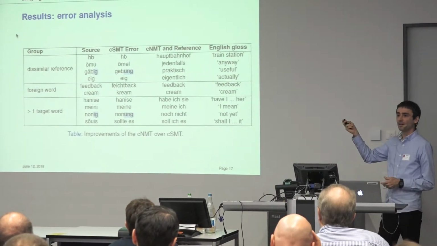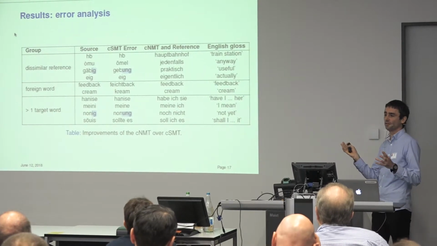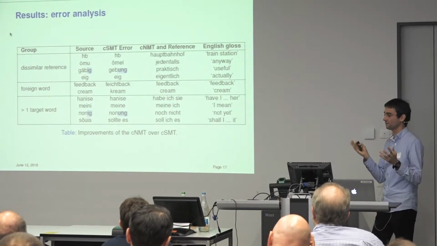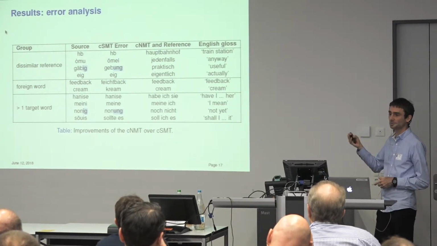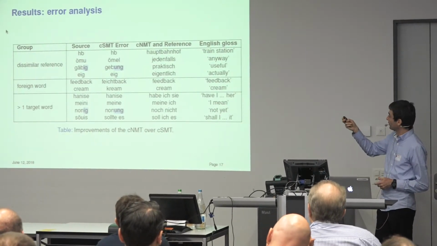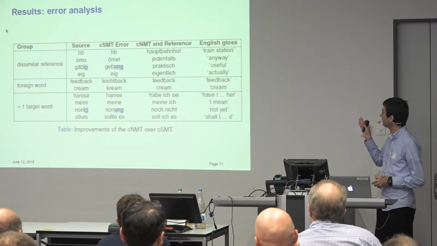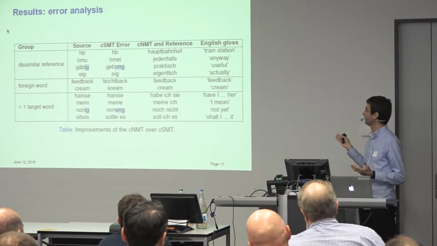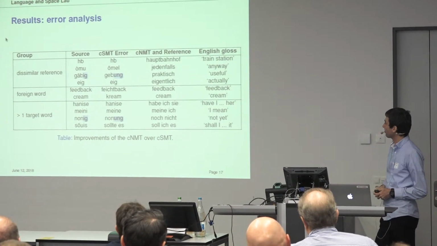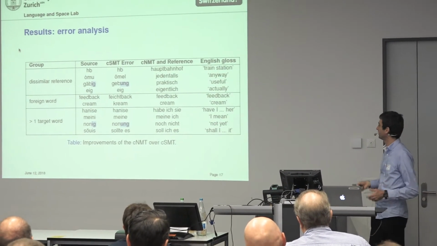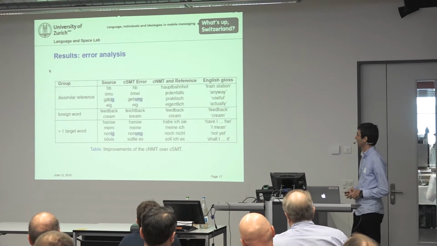We have three categories of possible causes of statistical machine translation errors. The first category is when the reference is very different from the source text, and so the statistical system has difficulty producing a correct output.